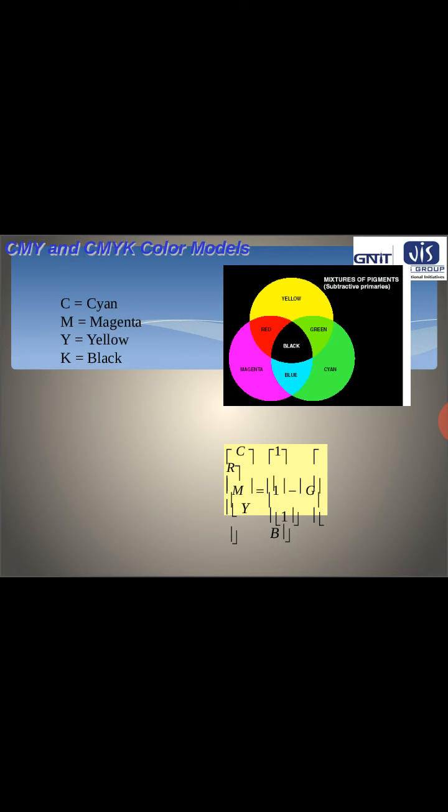If we consider black along with this CMY, it is the CMYK color model, where C is cyan, M is magenta, Y is yellow and black is represented by K. The corresponding values have also been given here. So this is the mixture of pigmentations which has been given here. All the corresponding values have been given, we can see from this slide.